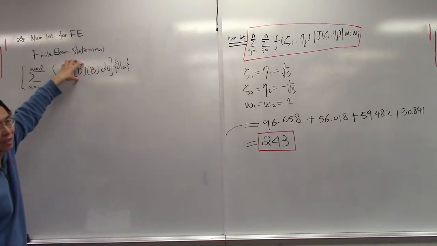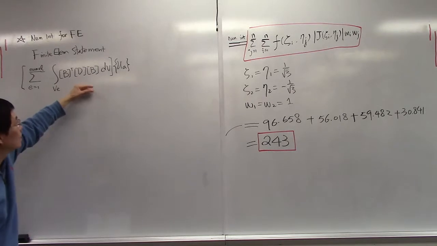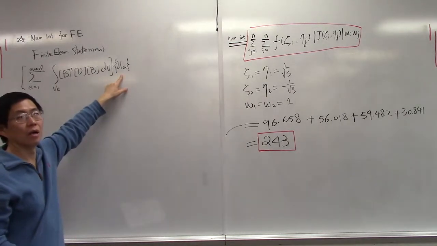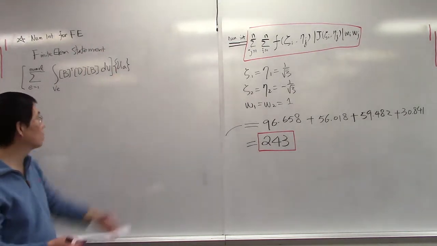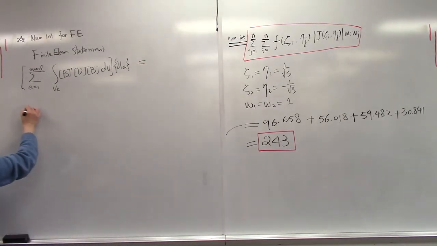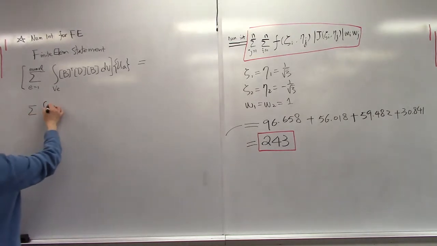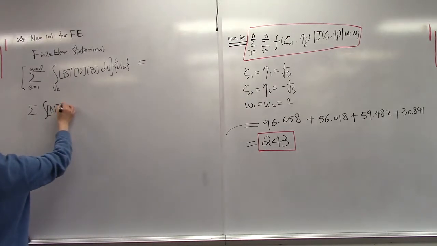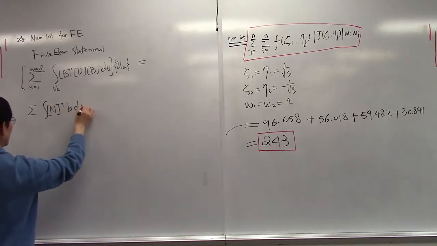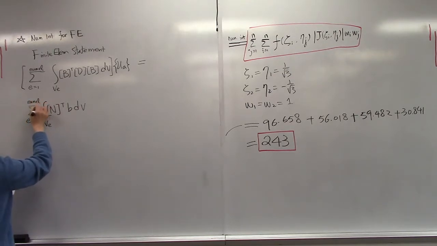What is inside here is an element stiffness matrix. So when you have the global stiffness matrix times the nodal displacement for the whole model, it should be equal to, and again summation, shape function transpose, body force, dV integrated over each element, and again from 1 to number of elements.